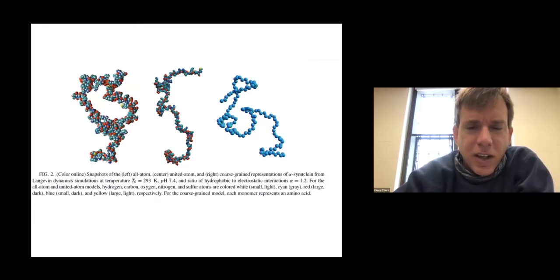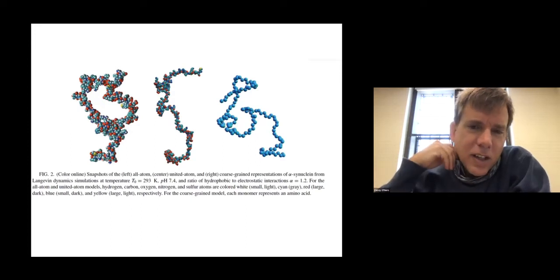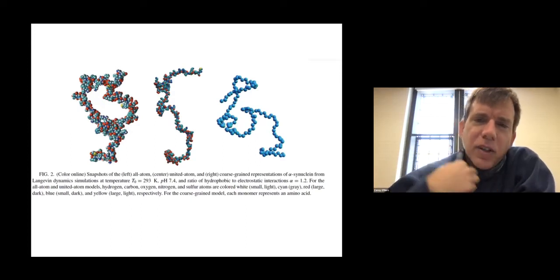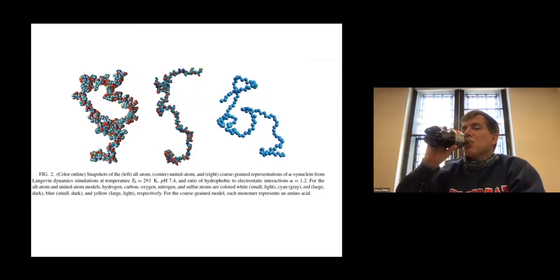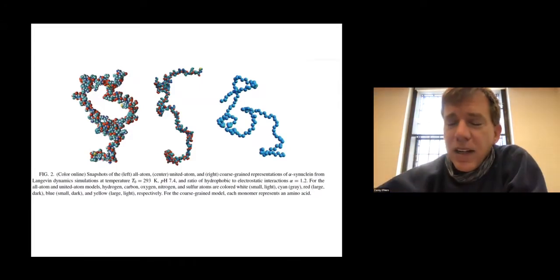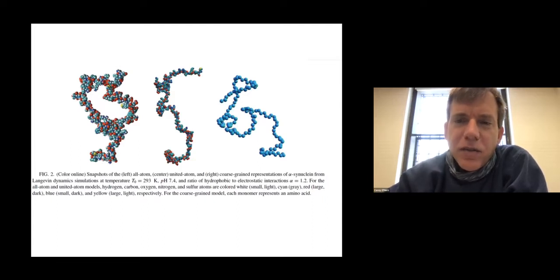You can model it on the left in all-atom detail, including the hydrogens. In the middle is an extended atom model, where you get rid of the hydrogens and subsume them into the heavy atoms that they're associated with, like a nitrogen or a carbon. And then at the coarsest level, you have what's called a C-alpha model, where each amino acid is represented as a single spherical monomer.